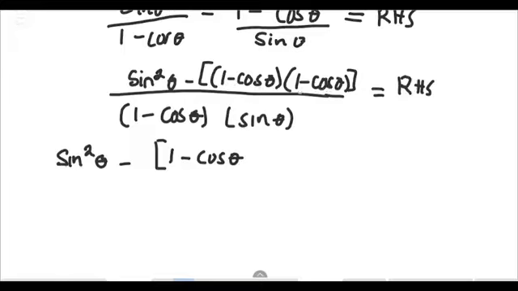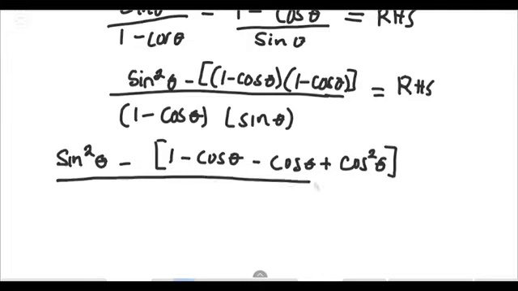Negative cos theta times 1 will get negative cos theta. The negative times negative gives us a positive here. Cos times cos will give us cos squared theta. Then we can divide by 1 minus cos theta in brackets.